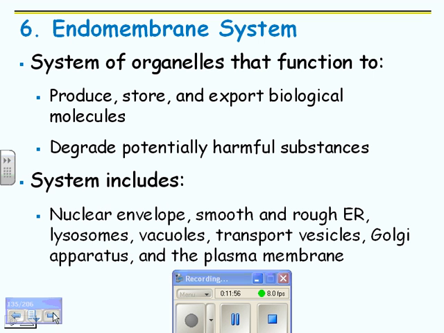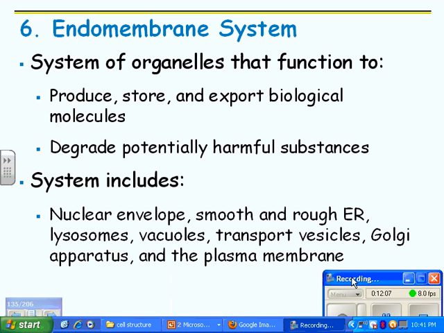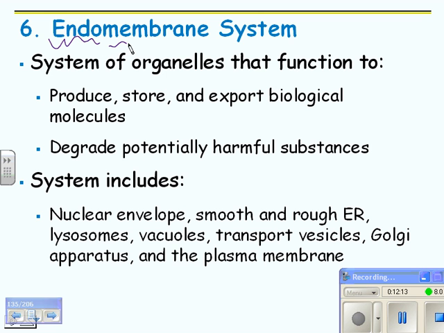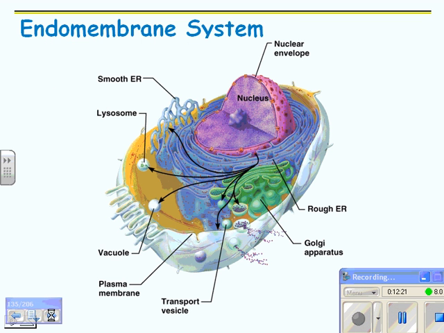It includes the nuclear envelope, the smooth and the rough ER, lysosomes, vacuoles, transport vesicles, Golgi body, and the plasma membrane. So everything except, maybe not the ribosomes, because they're not membrane bound, because we're talking about endo meaning within, and membrane, and ribosomes aren't a membrane. But pretty much everything else, except maybe the mitochondria and the chloroplasts, because they have their own special jobs.